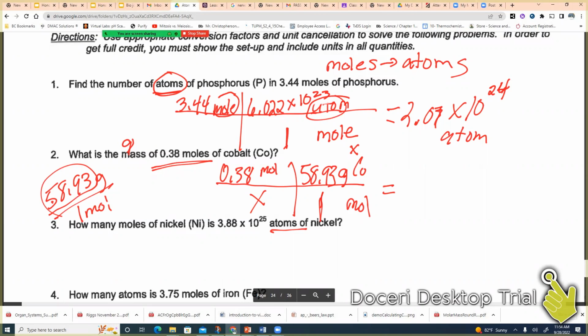Remember that 0 is just a placeholder. The answer key has 3, but it's supposed to be 2. Sorry about that. So what should my answer be? Just plain old 22. And my unit would be grams.